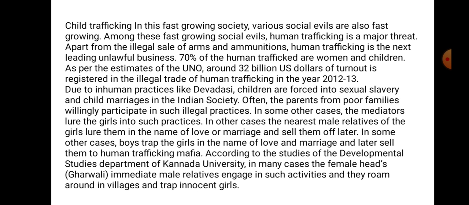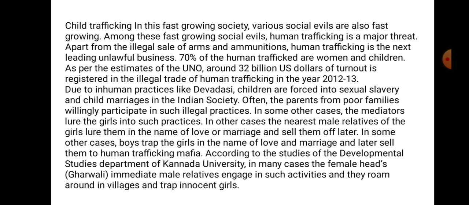Due to inhuman practices like the Devadasi system, children are forced into sexual slavery and child marriages in Indian society. Often the parents from poor families willingly participate in such illegal practices. In some other cases, mediators lure the girls into such practices. They force the girls into sexual harassment.